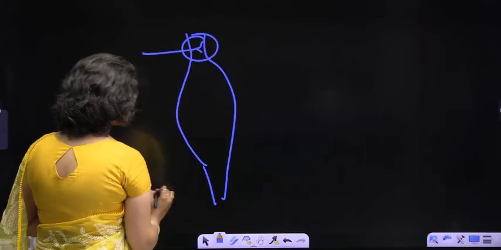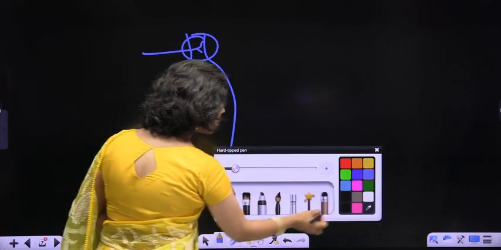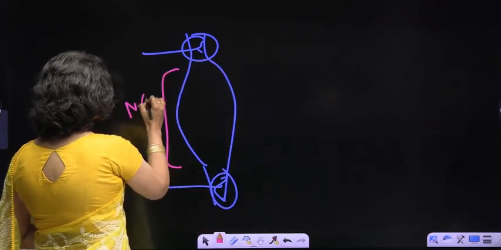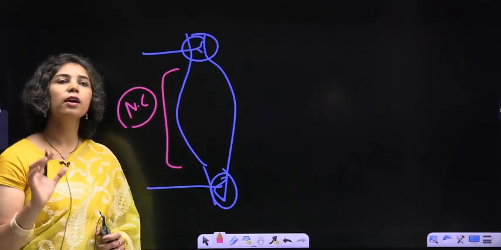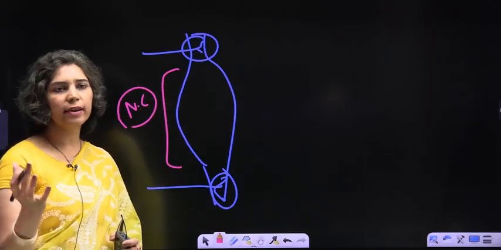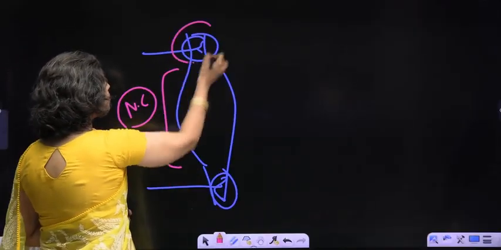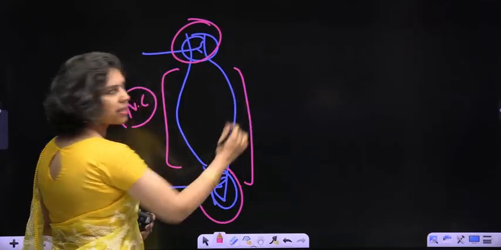Here is the gamma nerve supply, here also is the gamma nerve supply, whereas the central part is the non-contractile part. It doesn't undergo contraction. Only the polar end of the muscle spindle undergoes contraction of intrafusal fibers. So once there is contraction at the polar end, it leads to stretching of the central part.